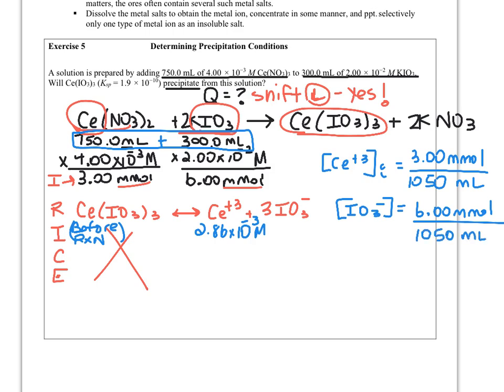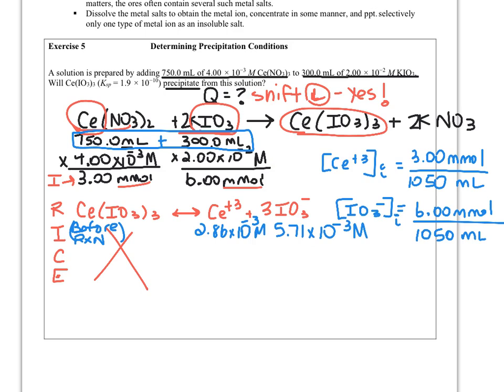So again, when I calculate these out to find what that initial is, before we actually reacted and made anything happen, I end up with 5.71 times 10. It's really ugly. Hold on. Let me re-erase. I know I'm struggling with my handwriting today. 5.71 times 10, and in that case, -3 molar.